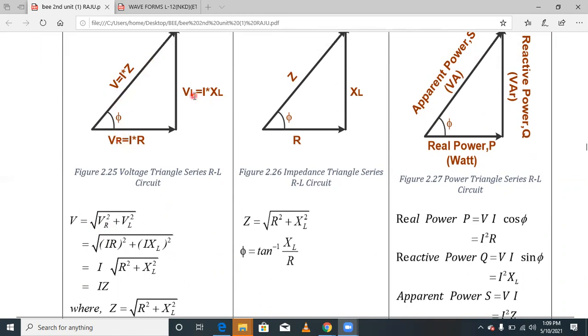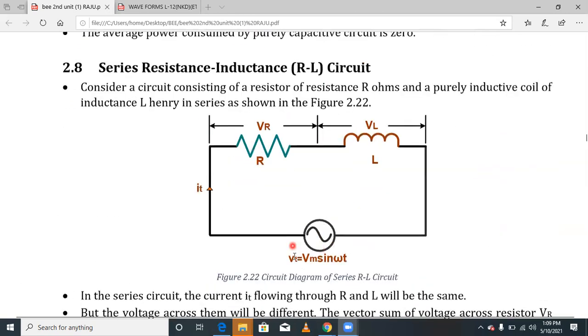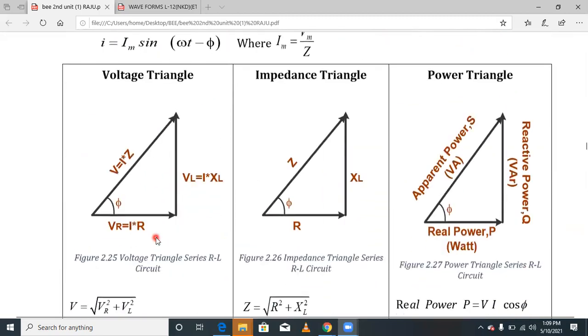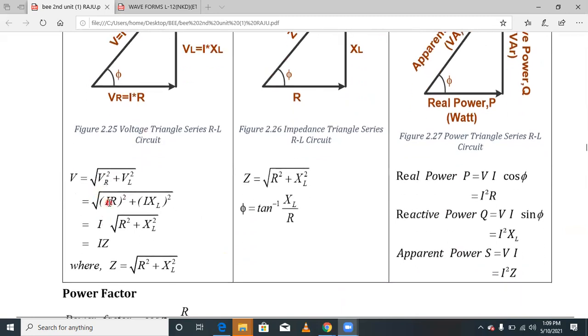Substituting VR equal to I R and VL equal to I XL, you get I into the square root of R squared plus XL squared, which is nothing but the impedance Z.